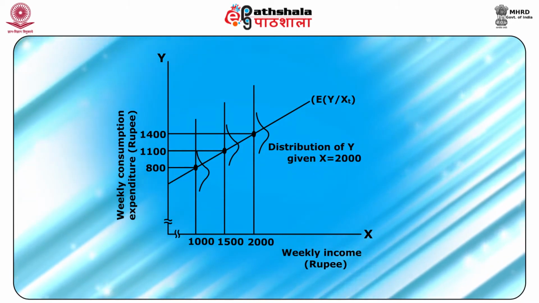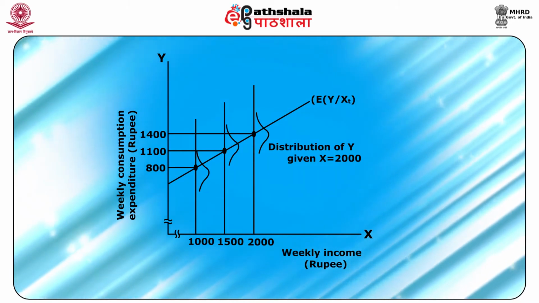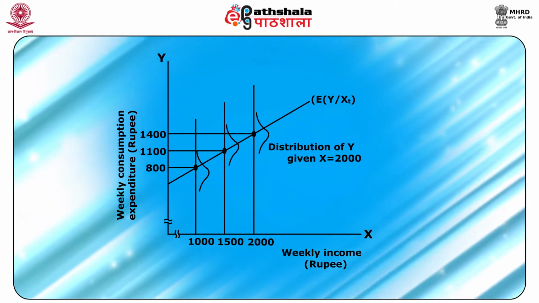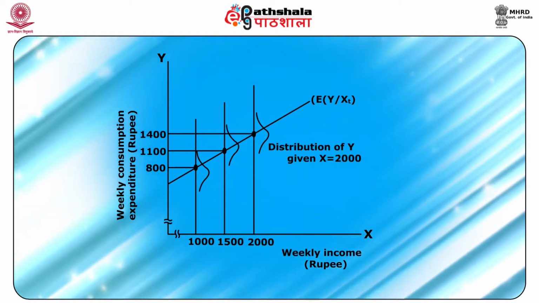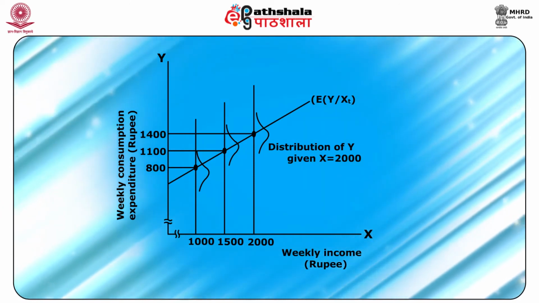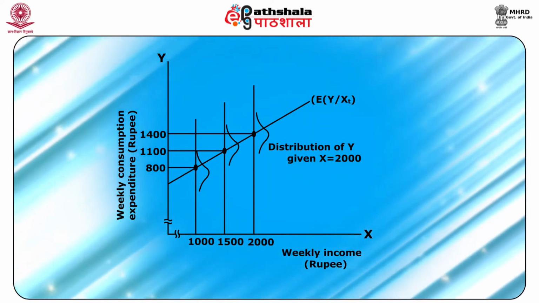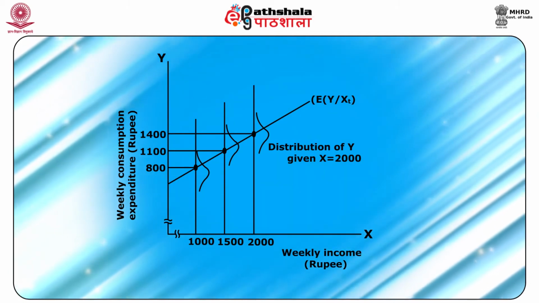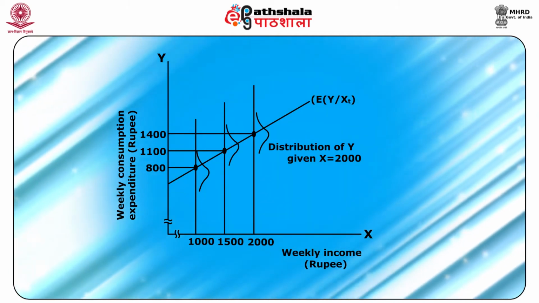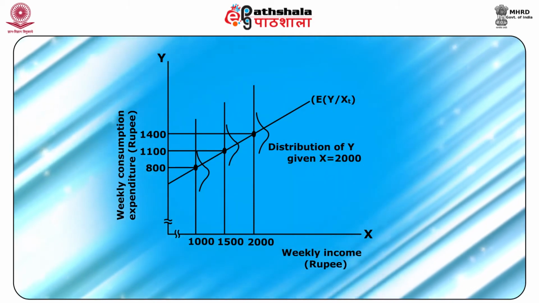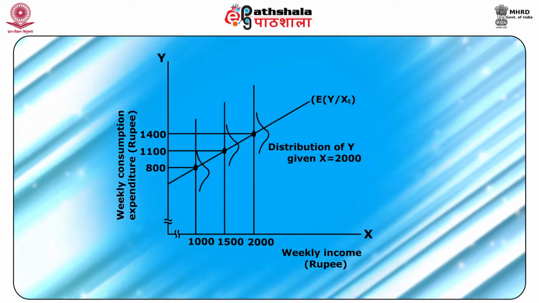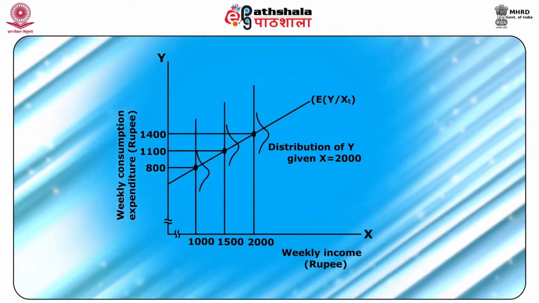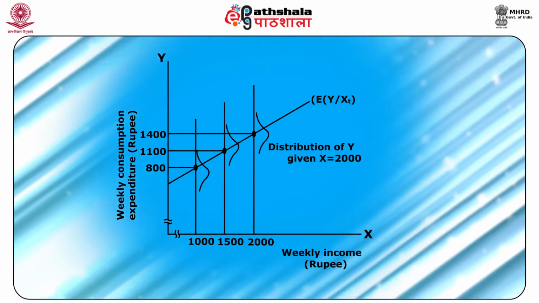How do we find it? We add the expenditure on consumption of all income groups and divide it by the total number of families, which is 36 in this case, and this comes out to be rupees 1583.33. It is unconditional as it includes expenditure on consumption of all income groups, and the conditional expected values are different from the unconditional expected value.